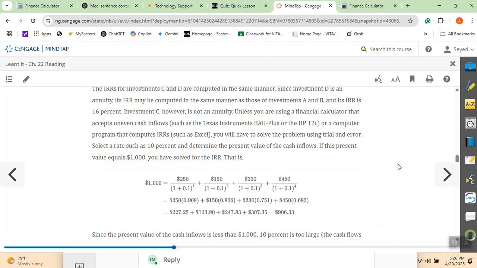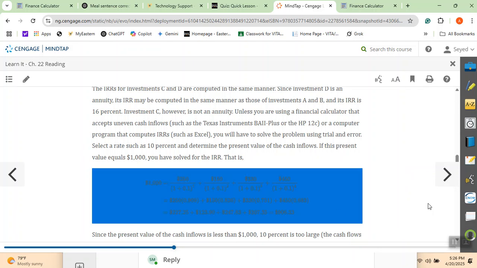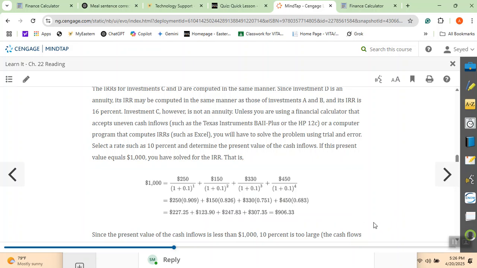There is a way to calculate this also, when we randomly put 0.1 in here, we add all these numbers together, and it comes to $906. Do you see at the bottom $906? We are putting $1,000 and we are getting back $906. Therefore, it's not a good idea to dig a well either.